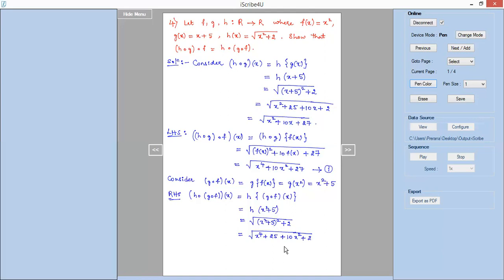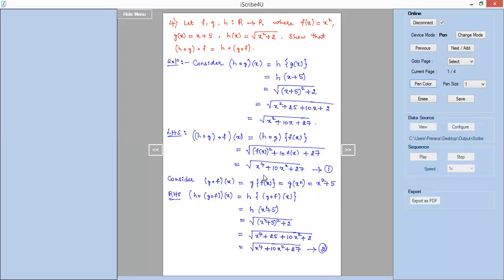So this on simplification gives us square root of x power 4 plus 10x square plus 27. So we'll call this equation 2.